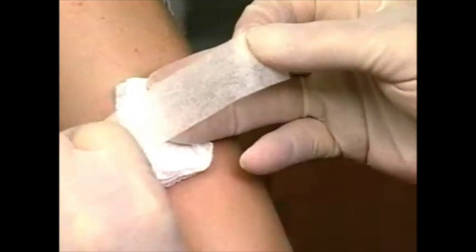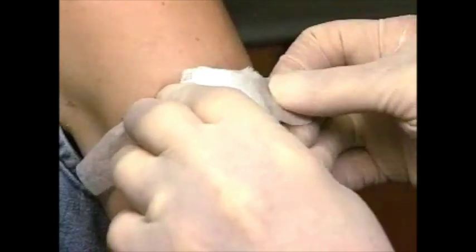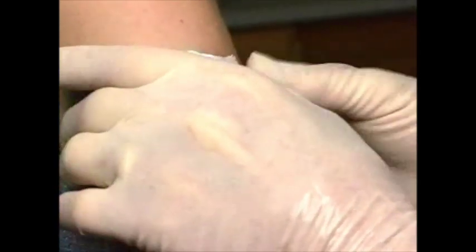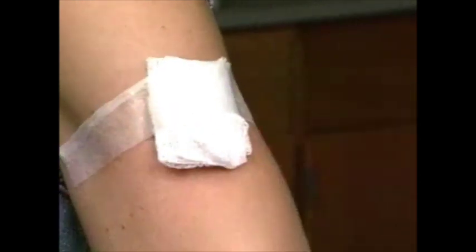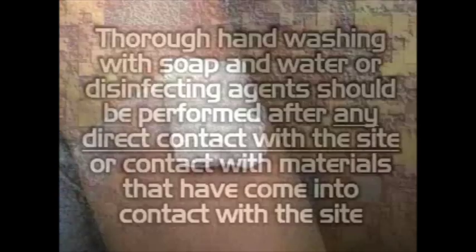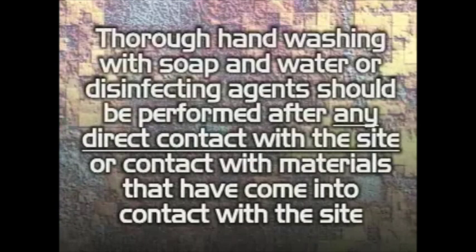Following vaccination, the site should be loosely covered with a porous bandage, such as gauze. The vaccinated person can wear a long-sleeved shirt in addition to the dressing to help cover the site. Vaccinees should be instructed that thorough hand washing with soap and water or disinfecting agents should be performed after any direct contact with the site or contact with materials that have come into contact with the site.